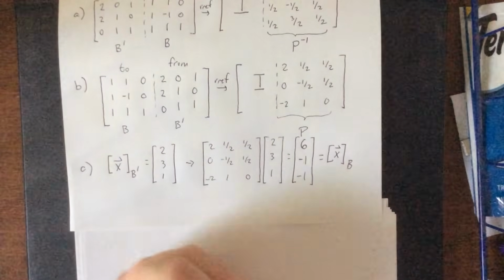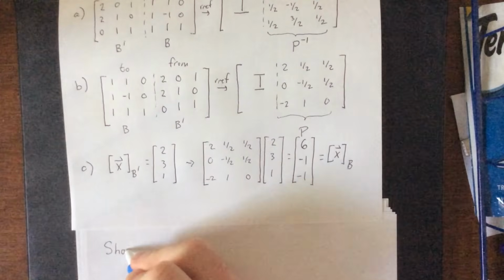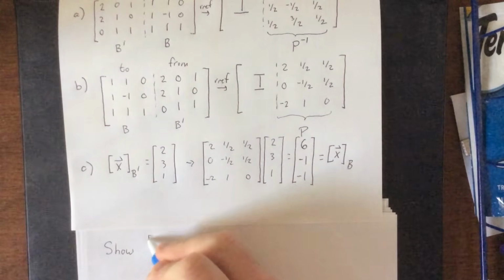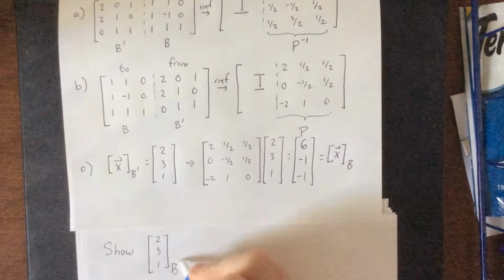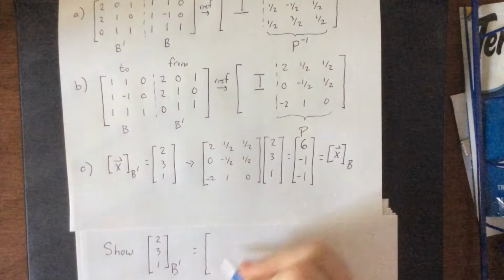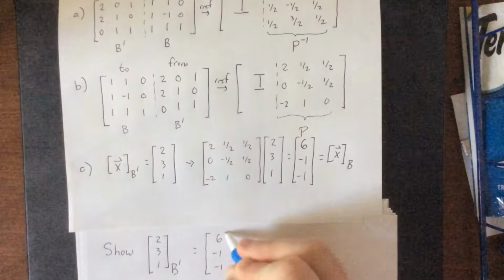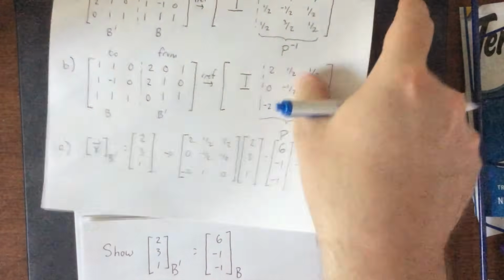So we are going to show that 2, 3, 1 relative to basis B prime is equal to 6, negative 1, negative 1 relative to basis B. So setting this up, this would be 2 times our elements of B prime.